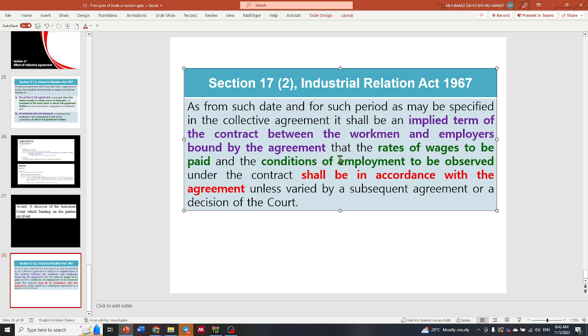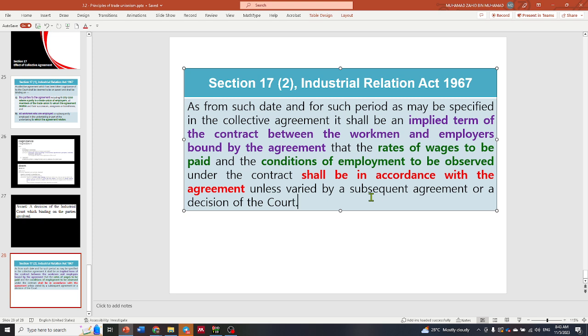Dalam section 17 ni, subsection 2 dia menyatakan bahawa dalam collective agreement tu dah dinyatakan, kalau dalam contract of employment dah ada cerita pasal okay, 1 tahun you akan dapat kenaikan gaji sebanyak 7% ke 8%. Okay, itu dah dinyatakan dalam you punya contract of employment.